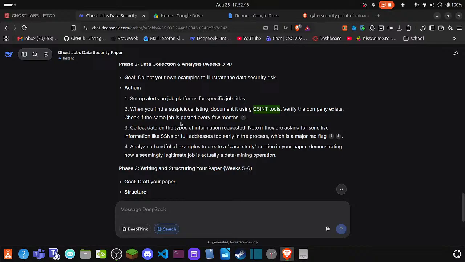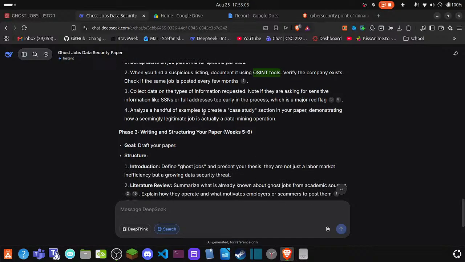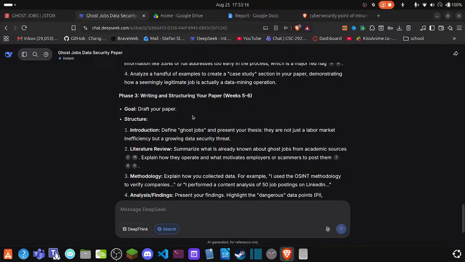Check if the same job is posted every few months. Collect data on types of information required. Note if they are asking for sensitive information like SSNs or full addresses early in the process, a major red flag. Analyze a harmful example as a case study section in your paper, demonstrating how a seemingly legitimate job is actually a data mining operation.